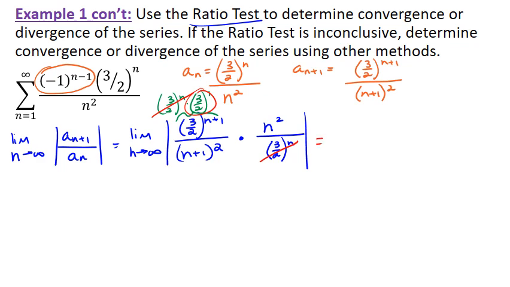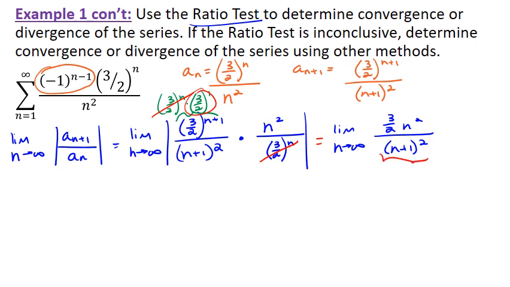So this is equal to the limit as n approaches infinity of 3/2 times n squared over (n plus 1) quantity squared. Okay, I eliminated the absolute value because both of these terms are squared and anything squared is positive, so I don't need the absolute value. Now looking at this, I notice that both of these are squared, and I can do a little bit of simplifying here.